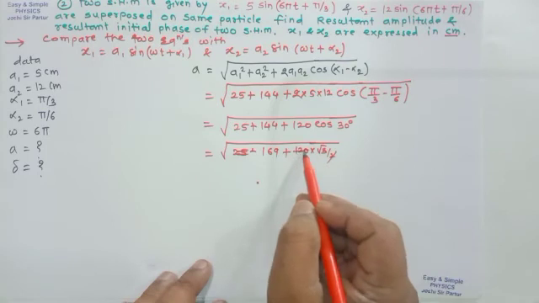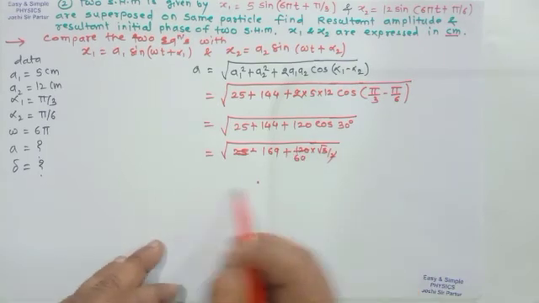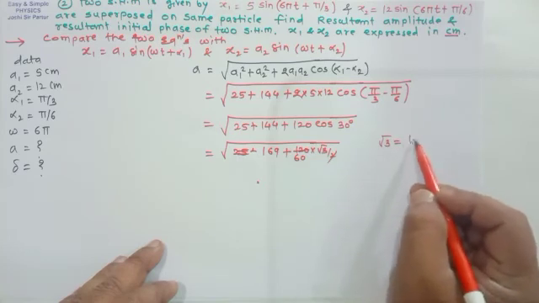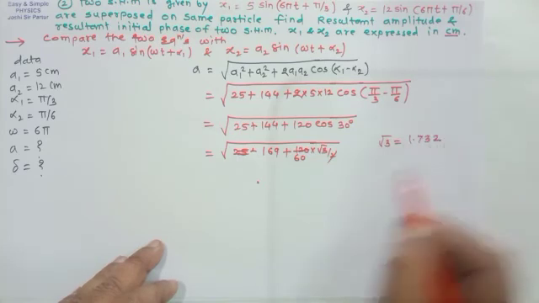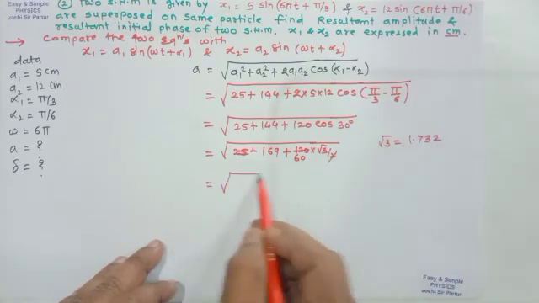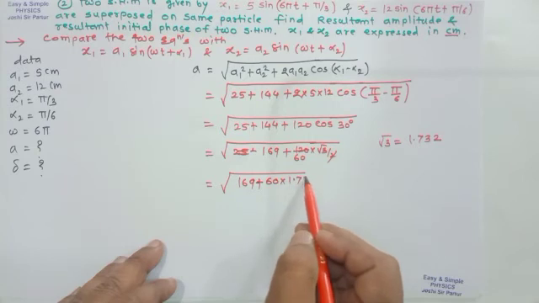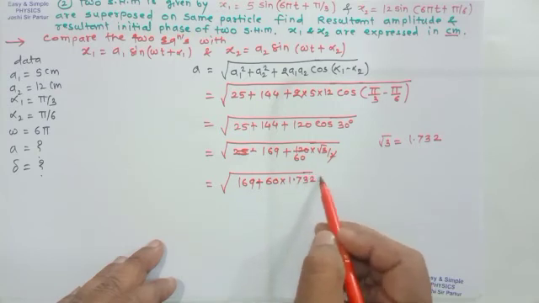So here 60, and we know the value of square root of 3 is 1.732. So here the square root of 169 plus 60 multiplied by 1.732.